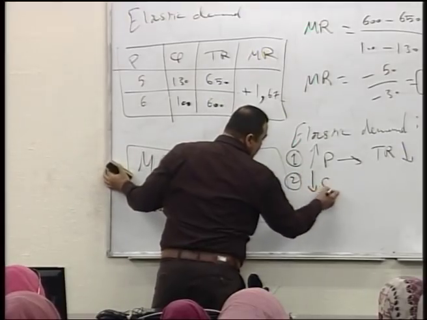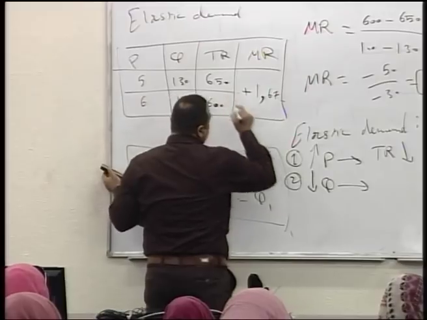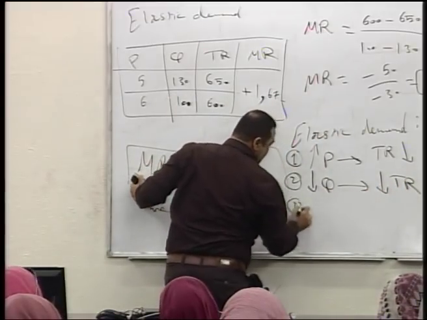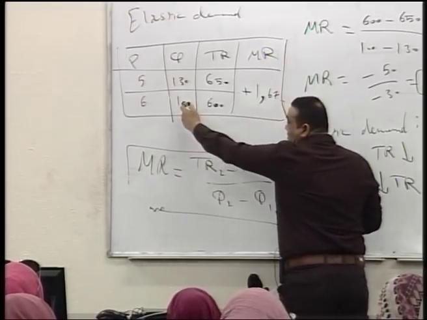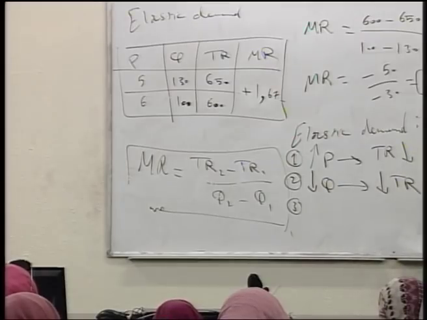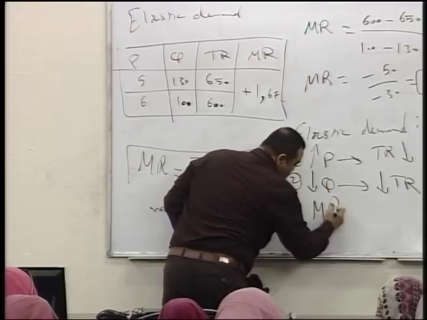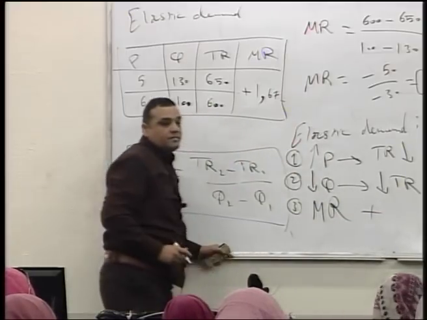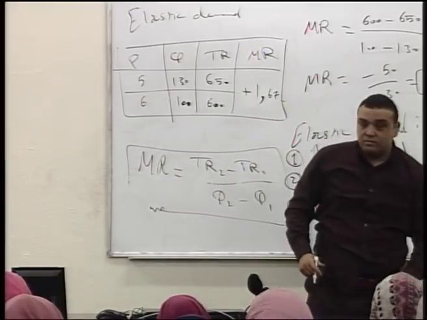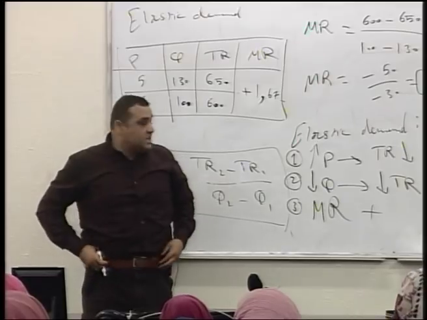Declining in the quantity demanded or quantity sold leads to a declining in total revenue. Number three, and vice versa. As the quantity goes up, total revenue goes up. صح؟ And MR has a positive sign, or it's bigger than zero. The marginal revenue is bigger than zero.